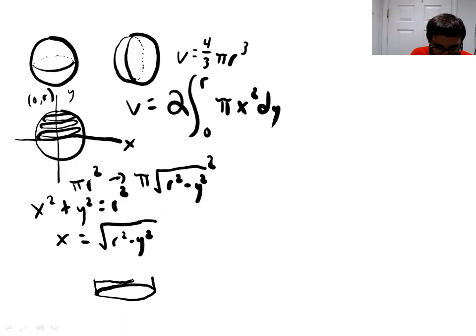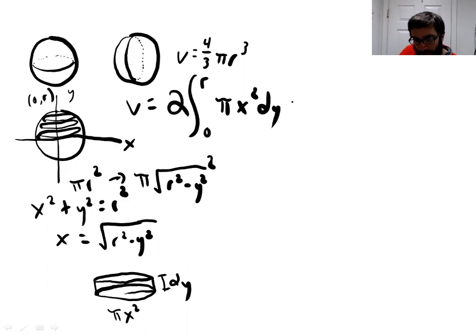We're looking at an infinitesimally small cylinder, and the height is infinitesimally small, so we use the differential dy. But the area there is pi x squared, because x is the radius. So if we sum all those up with the integral, that's going to get us our volume of the sphere.